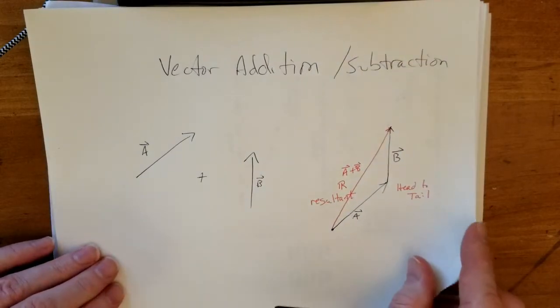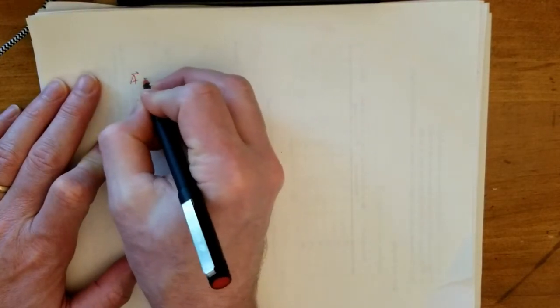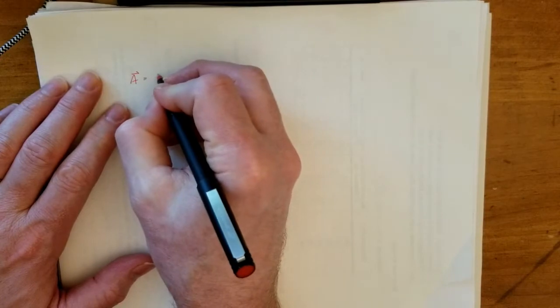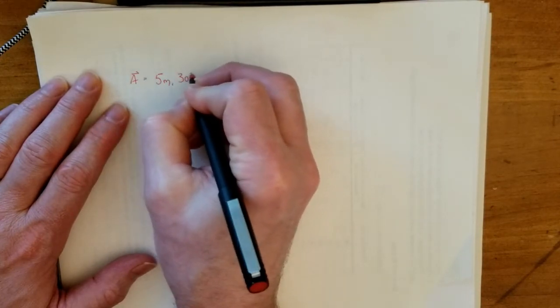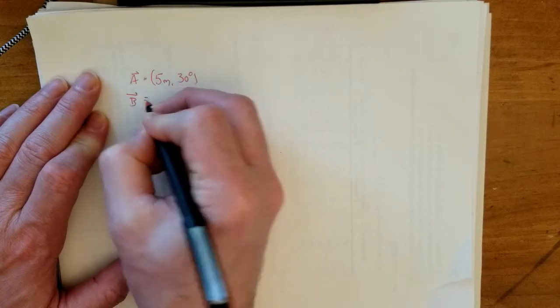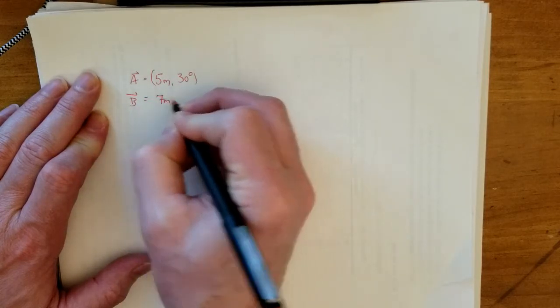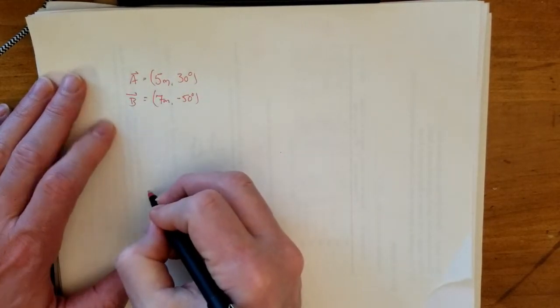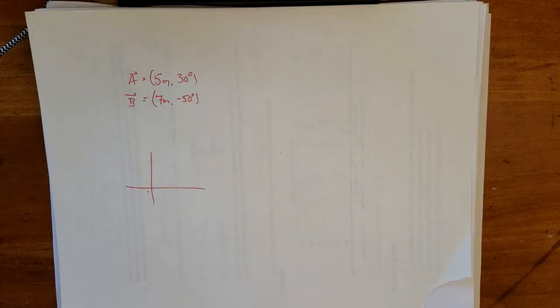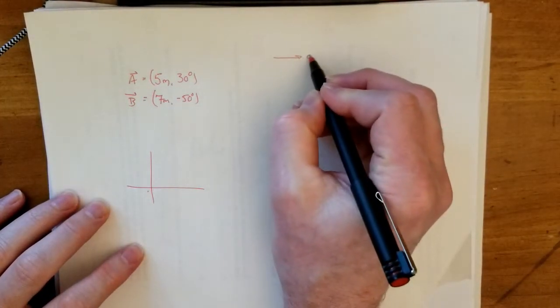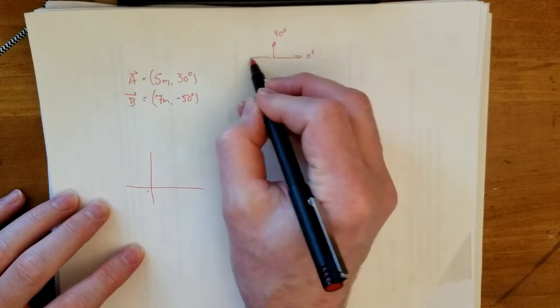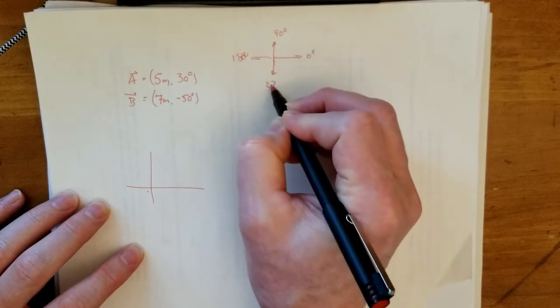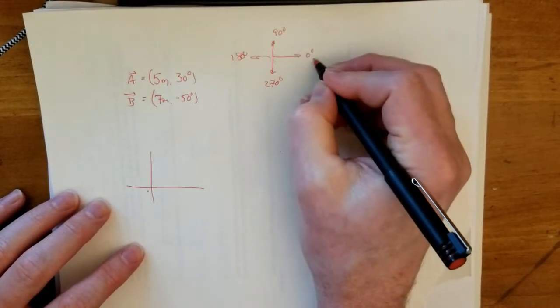So let's take a look at adding them where we actually have values here. So let's say I have vector A. This is not necessarily the same vectors I had right there. So 5 meters and 30 degrees. And then vector B, why don't we make it 7 meters, negative 50 degrees. Now, there is an accepted standard here that 0 degrees is this way, this is 90 degrees, 180 degrees, 270 degrees, and then 360 degrees.